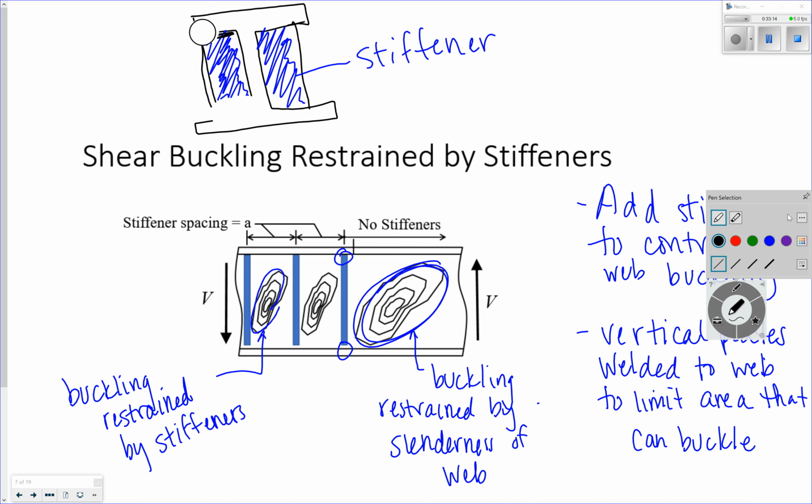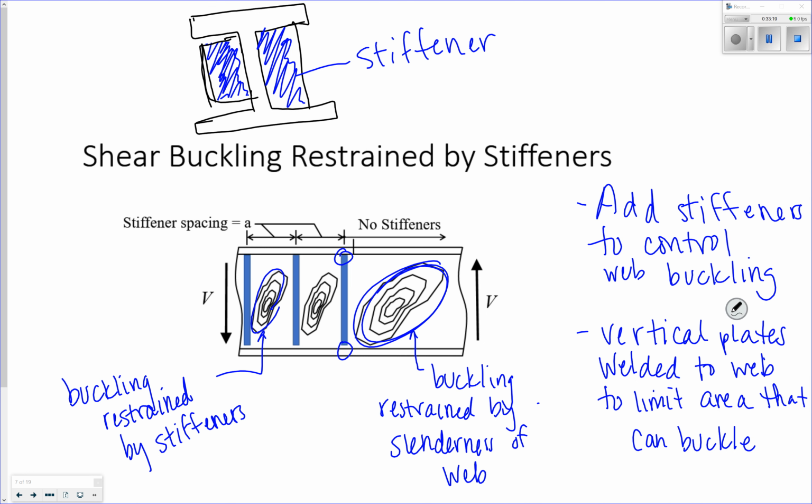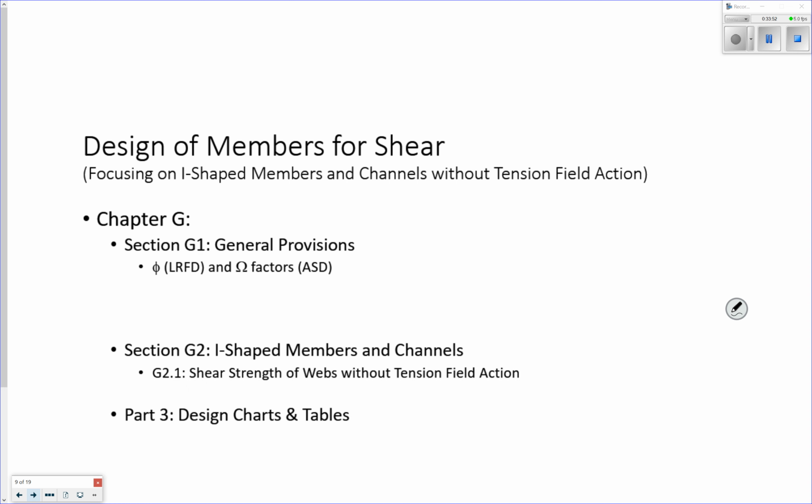Doesn't necessarily have to be at the top and bottom. But it could. Okay. Look at that.